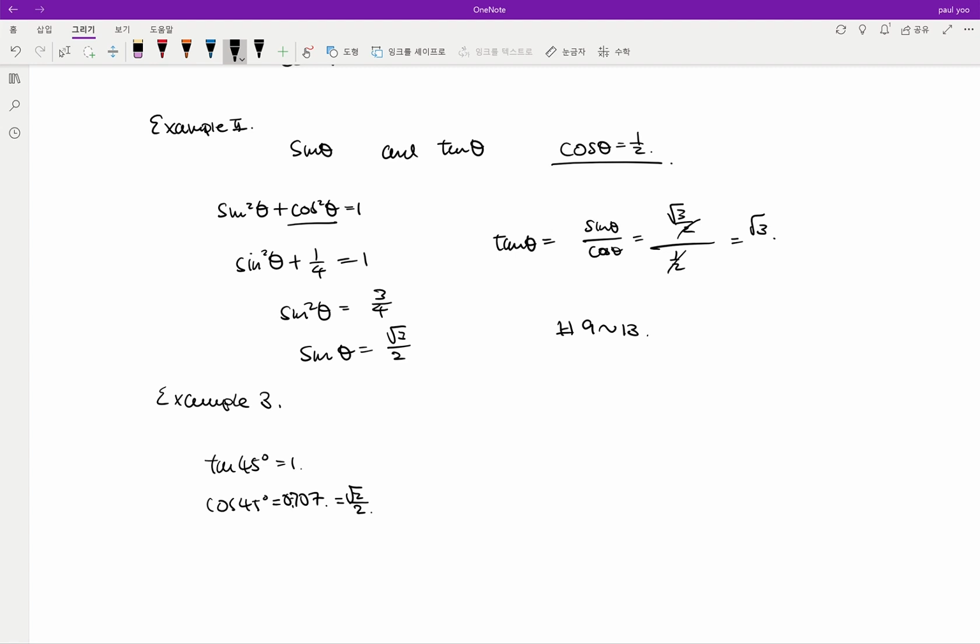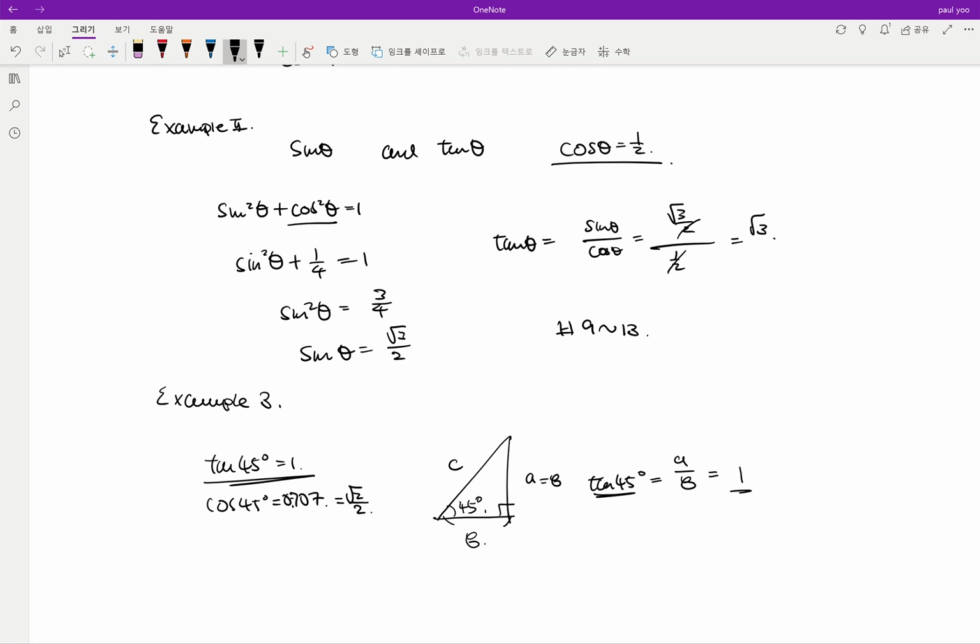So using these, if you're given a triangle where this value is given as 8 and that angle is given as 45 degrees, let's label these as A and C. Let's deal with tangent first. Tangent 45 degrees is equal to A over 8, which is 1, knowing tangent 45 is equal to 1.